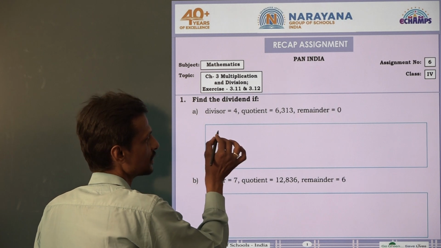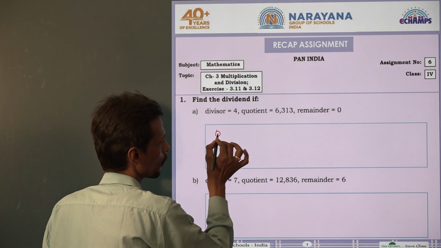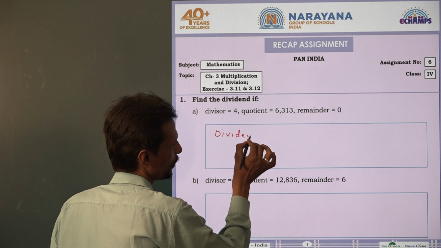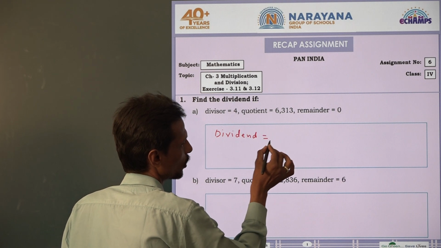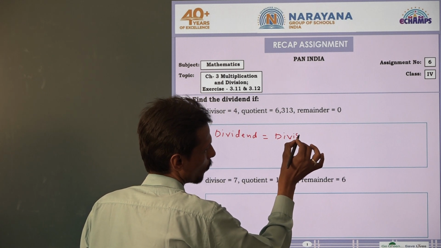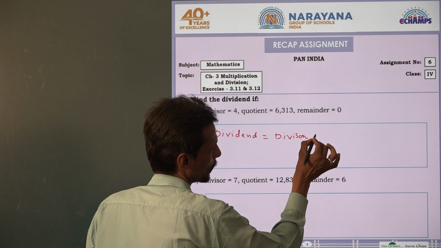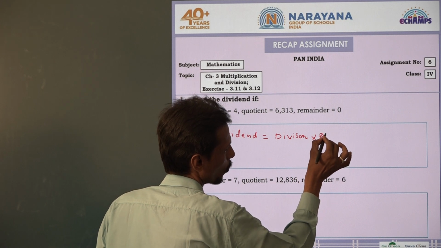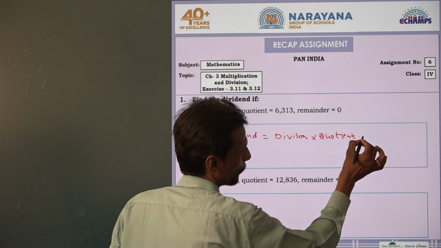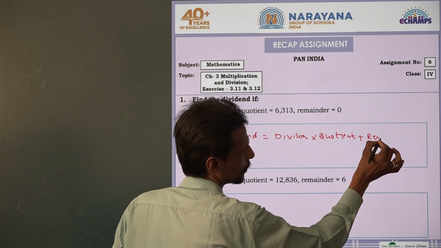So we will write here: dividend is equal to divisor into quotient plus remainder.